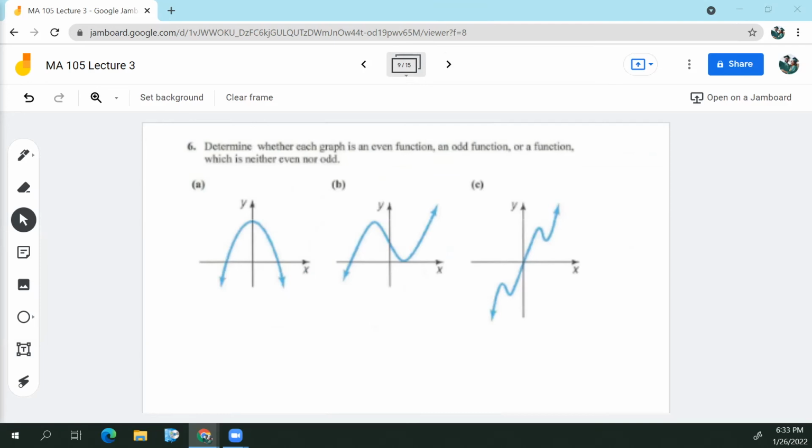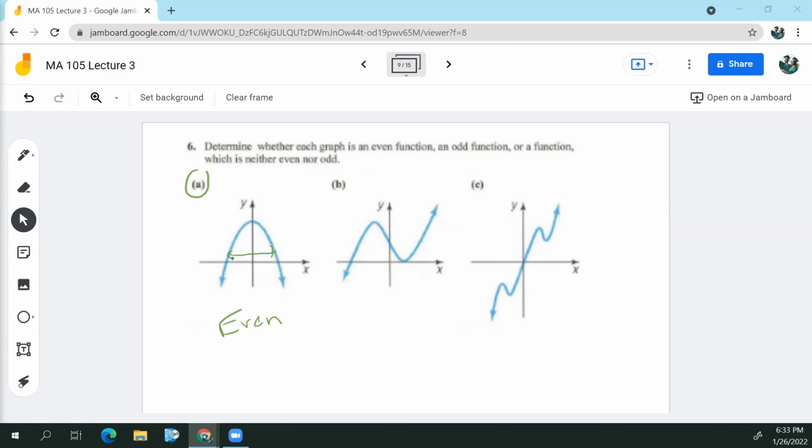Determine whether each graph is an even function, an odd function, or a function that's neither. All right, let's take a look at this. For A, this is a what? Even is absolutely correct. It's an even function because we can see it is symmetrical about the y-axis.